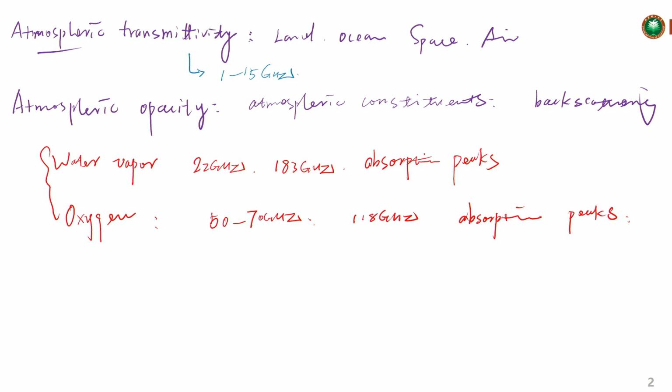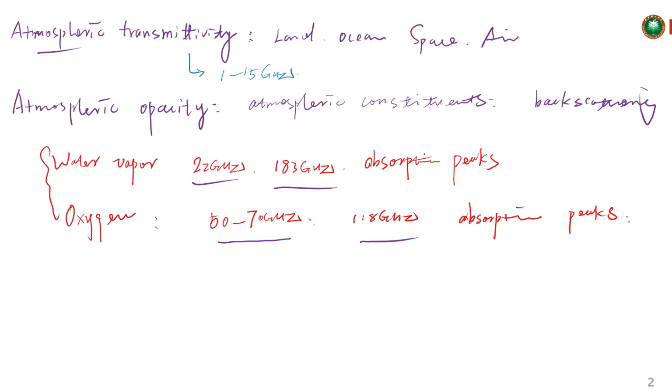So when we want to, for example, monitor the water vapor density or the relative humidity of air, the best thing is we employ electromagnetic waves operating at these two frequencies. And if we want to monitor the oxygen components, we can employ the frequency range at these frequency points.